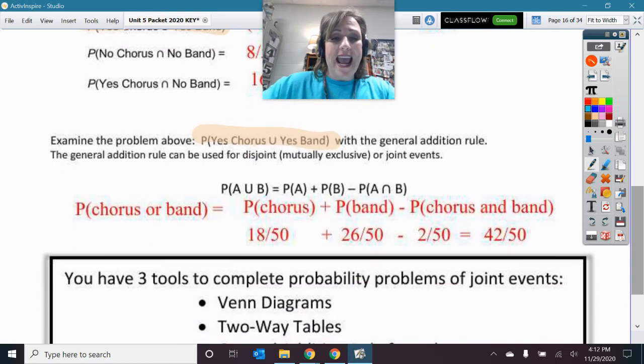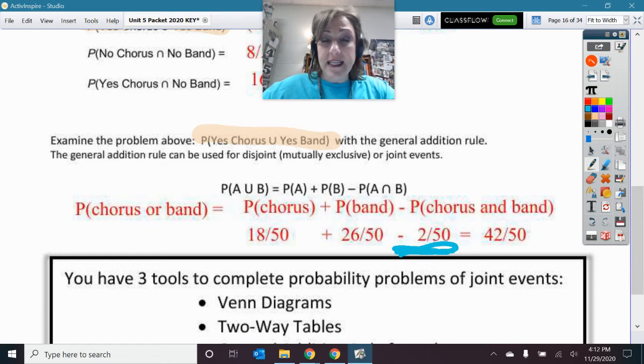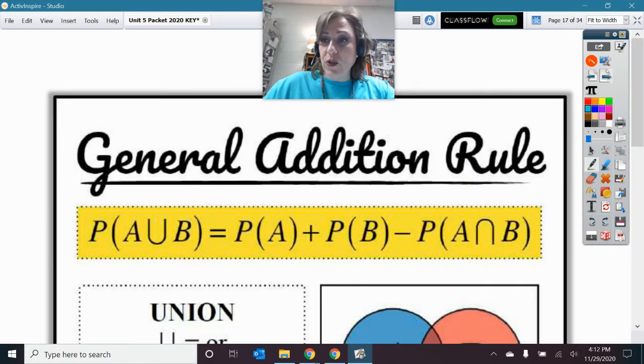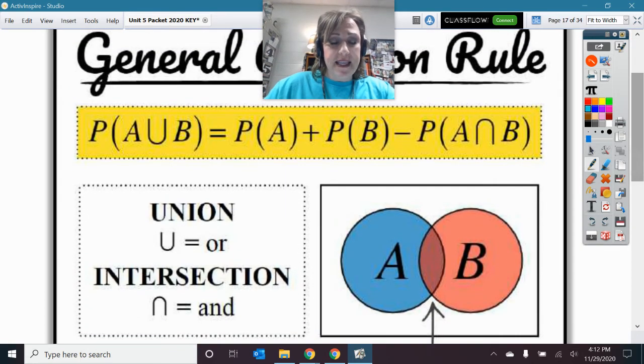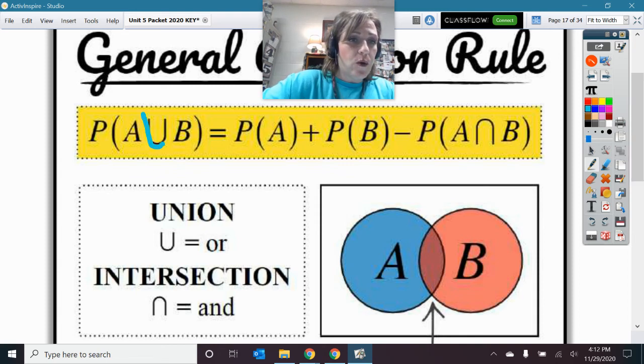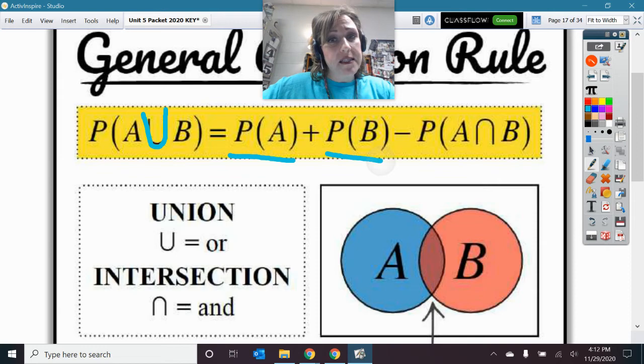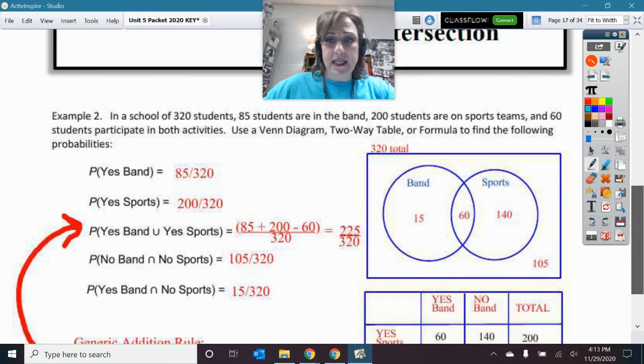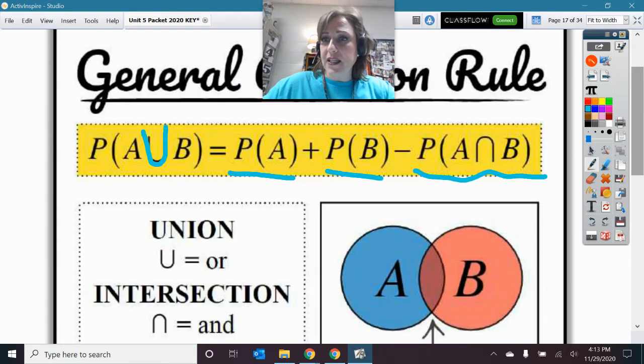So that's why we can add the 18 plus the 26, but take away the 2 in the middle that get double counted. And that's how we end up with the 42. So again, that general addition rule is this: to get the A or the B, you can add all the A's plus all the B's, but take away the part that gets double counted. All right, there's that one.